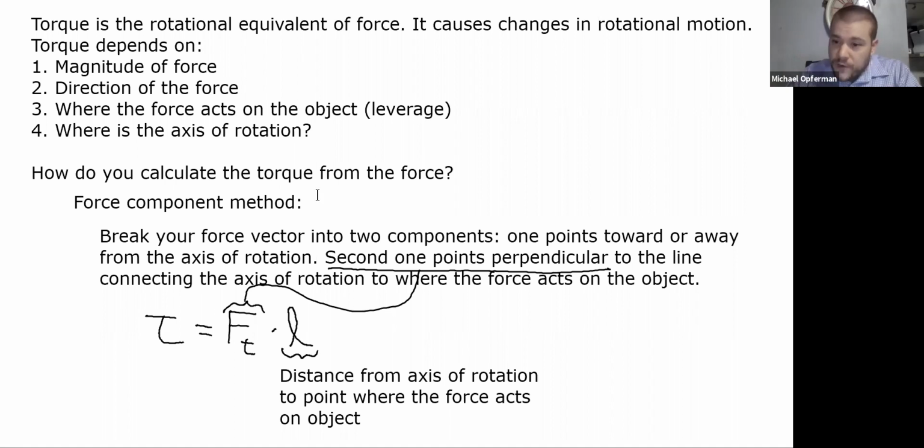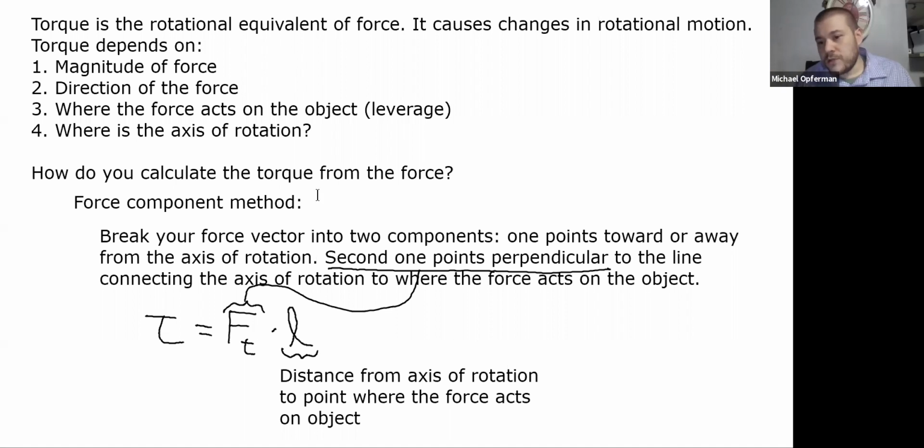The direction of the torque, we're not going to worry in this class really about the whole vector nature of the torque. For our purposes, there's really only two possible directions of the torque. It could cause the object to rotate clockwise or counterclockwise. So if you picture the axis of rotation, it could rotate this way or it could rotate this way. So we'll call these positive and negative torques.